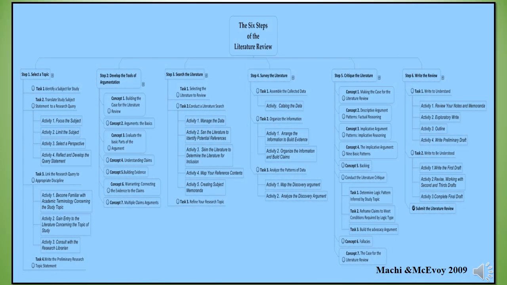These are the 6 steps of literature review. I would request you to get through them one by one in detail, and you may ask different questions at the end when you have gone through all those 6 steps.